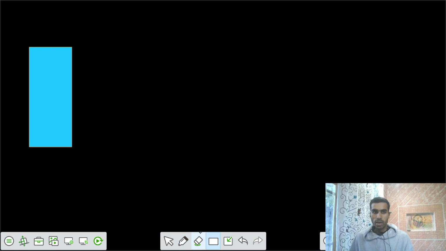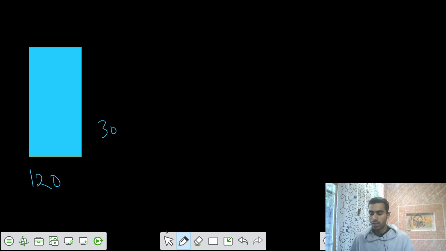So let's take the first problem related to this concept. We have a beam with dimensions 120 by 300, with 6 wires of 6 mm diameter. The eccentricity is 55 millimeters from the neutral axis.